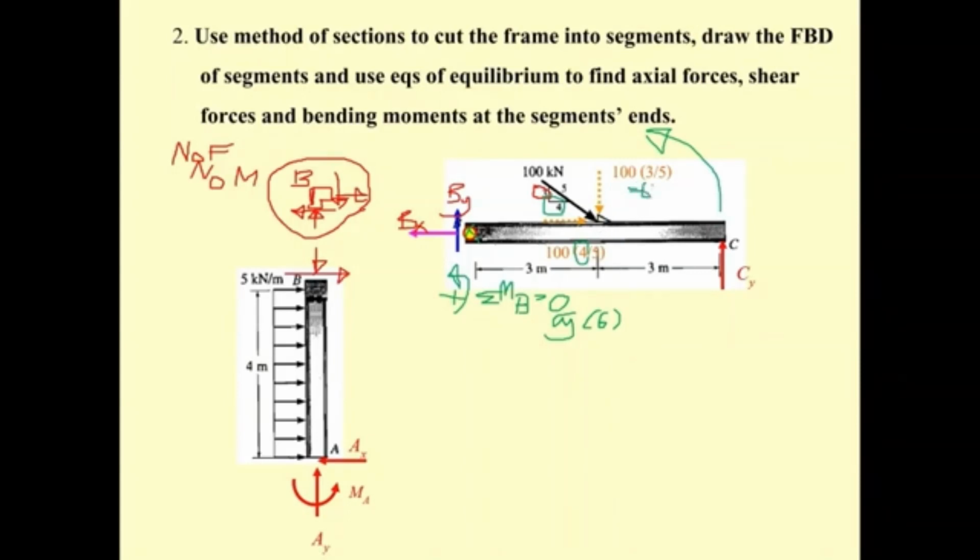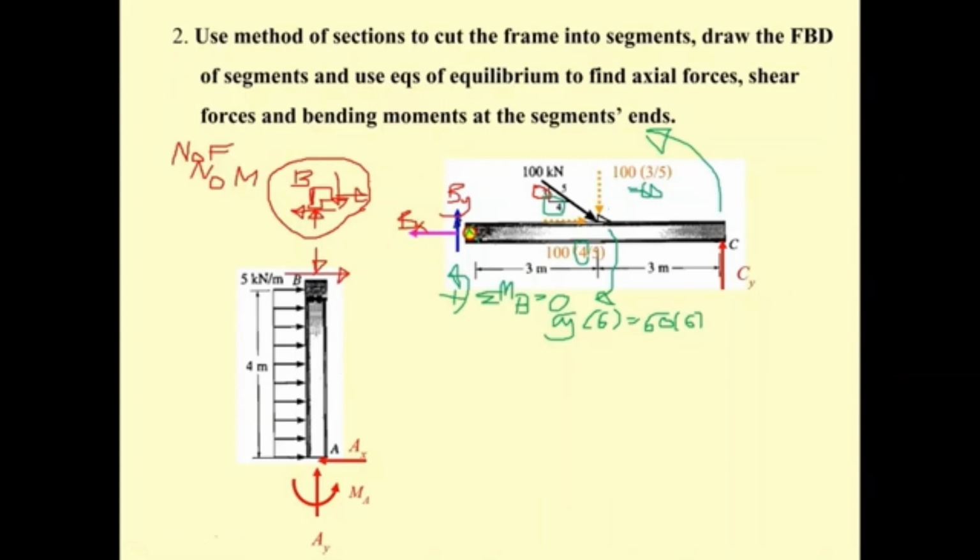The 60 kilonewton is going to rotate in the clockwise direction. So when this one rotates clockwise, it's opposite to this. So it's going to equal 60, the force here, times what? It will times 6. Okay, and then this is 60 times 6. No, this is not times 6.